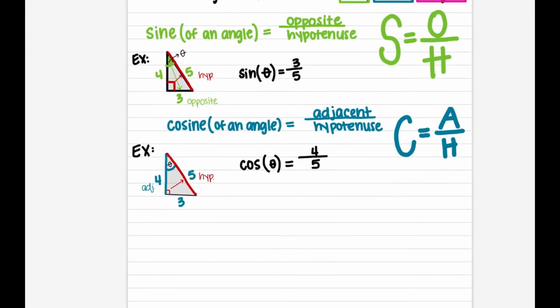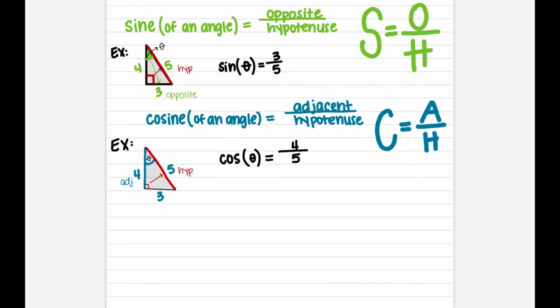Okay, so think about where we've been so far. Sine is opposite over hypotenuse, cosine is adjacent over hypotenuse, and then we have one more combination that we haven't done yet. So we've done hypotenuse with the opposite, hypotenuse with the adjacent. We haven't used the adjacent and the opposite together.